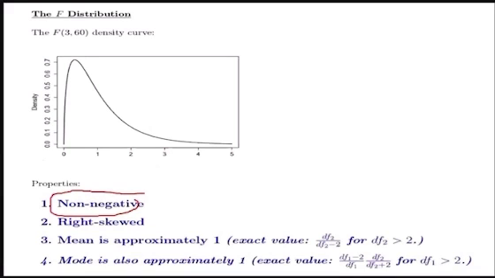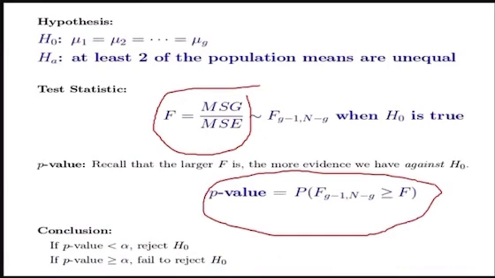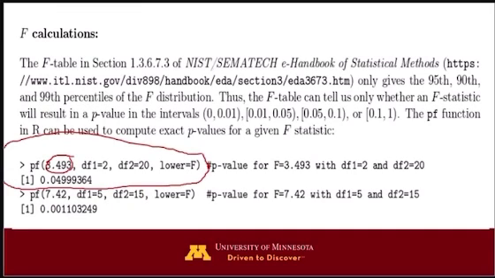Because it is always greater or equal to. So when you are writing the p-value, it has to be lower.tail FALSE all the time. Now look at the second one. The second one is when you have a different F ratio and two different degrees of freedom.